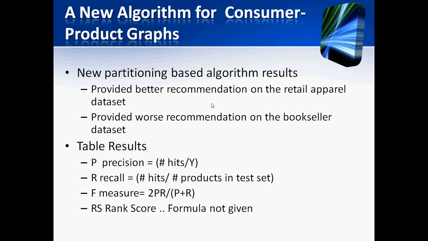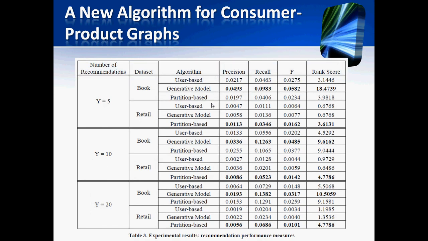It provided a better recommendation on the retail apparel data set, worse recommendation on the bookseller data set. If we take a look at it here, they put it in a table, and the bolded numbers are the ones that are the most correct. If you look at the retail data set, you'll see that every set of bolded answers is under the partition-based algorithm.